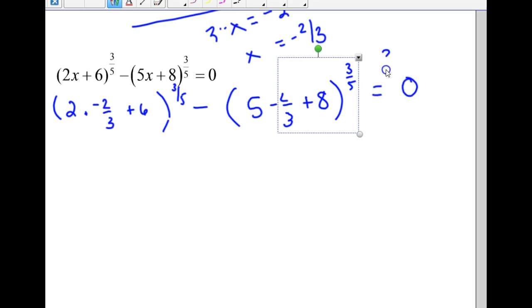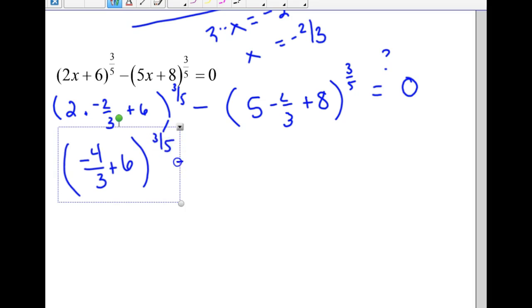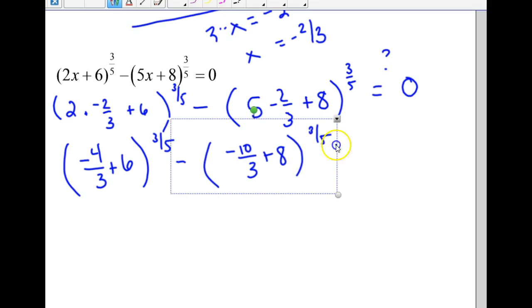Does that equal 0? That's what I'm not sure of. So here I get negative 4/3 plus 6 to the 3/5 minus, over here I get negative 10/3 plus 8 to the 3/5.